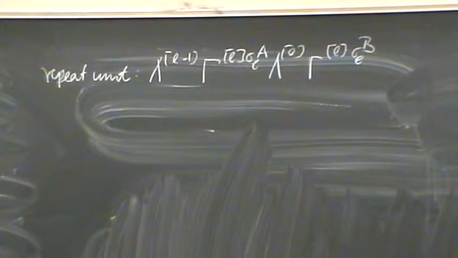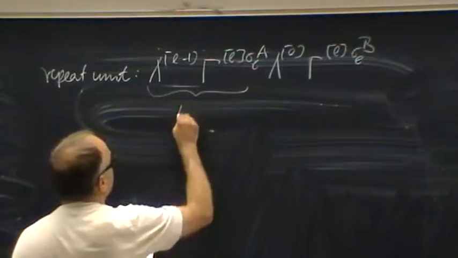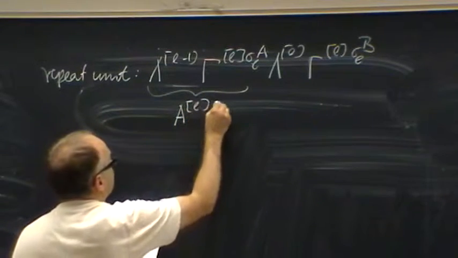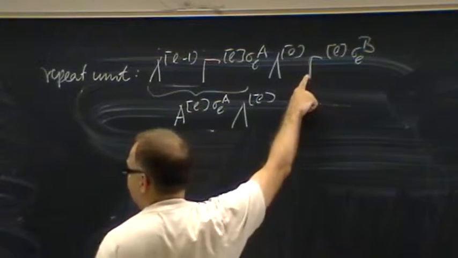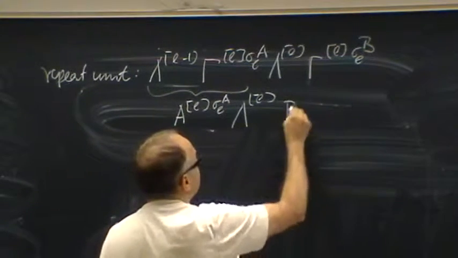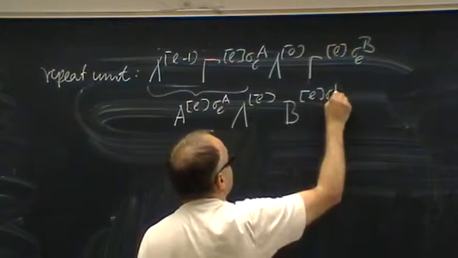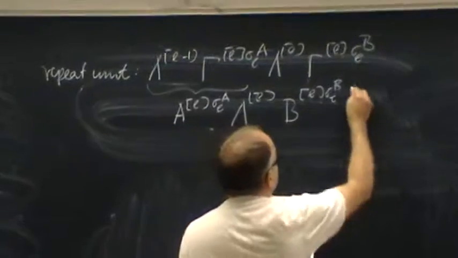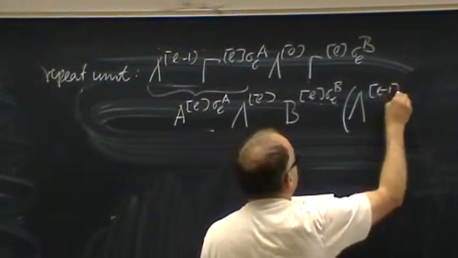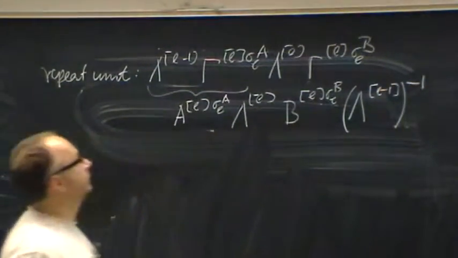And now, simply by using my translation rules, I can identify the repeat unit I would have to put in the AB notation, which would be, okay, this guy here is A L sigma L A, lambda L, and this guy I can translate into B by B L sigma L B, dividing out the lambda L minus 1, so I would get lambda L minus 1 to the power minus 1.